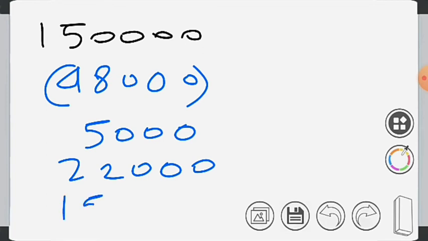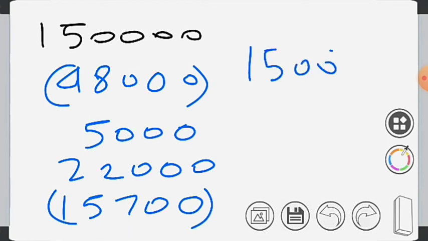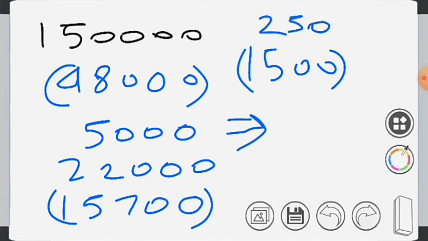This is to be subtracted from the balance as per passbook, and 1,500 must be subtracted again. So the total balance would become 1,50,000 minus 48,000 plus 5,000. And sorry about that, we forgot to record the bank charges. Bank charges 250 must be added. So the total amount would become 1,12,050.